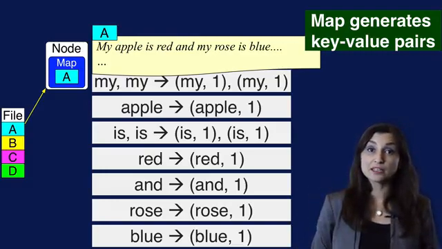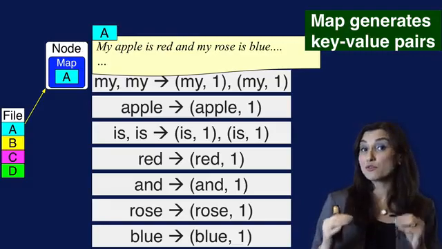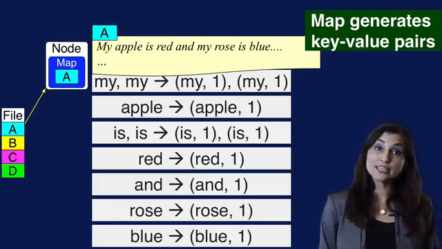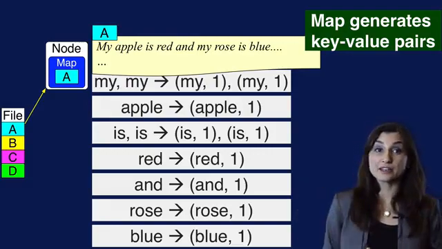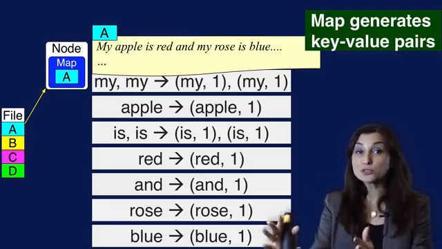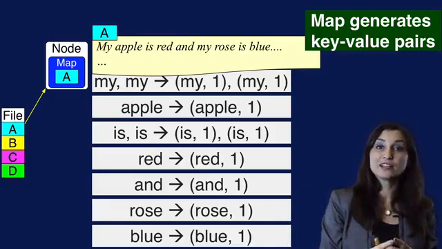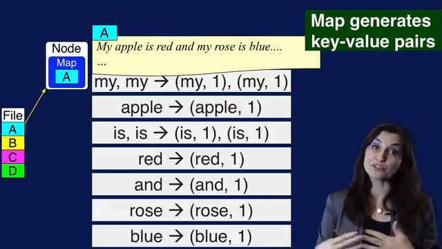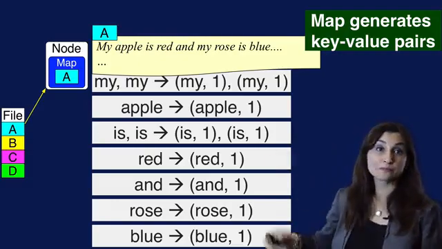Similarly, the word my is seen on the first line of A twice. So the key values of my 1 are created. Note that map goes to each node containing a data block for the file instead of the data moving to map. This is moving computation to data.